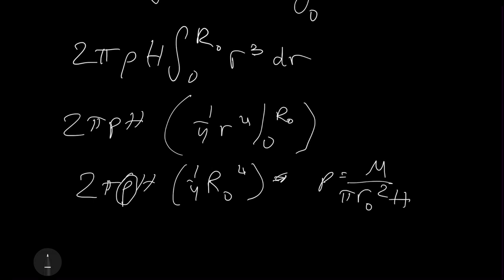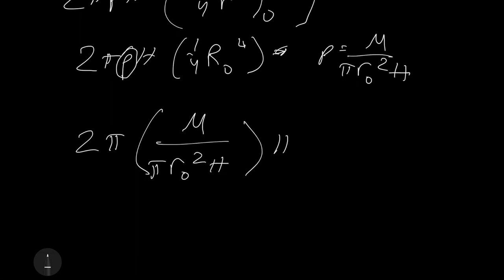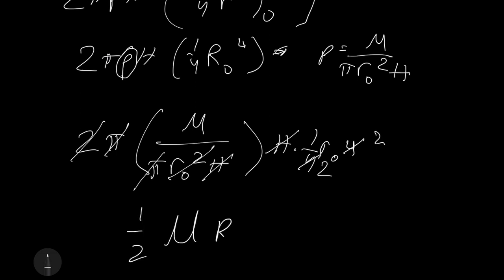So let's put that back in the equation and simplify. So instead of rho, we're going to put what we derived for rho, times h times 1/4 r naught to the 4th. Simplifying this, pi cancels out, h cancels out, this turns into 1/2, and this turns into r naught squared. So it's going to be 1/2 m r naught squared.